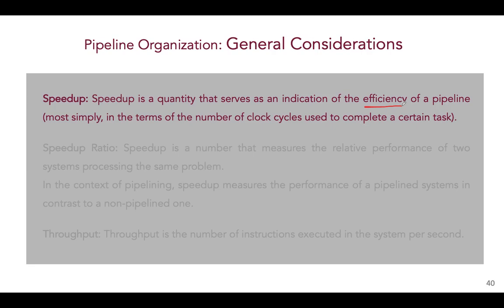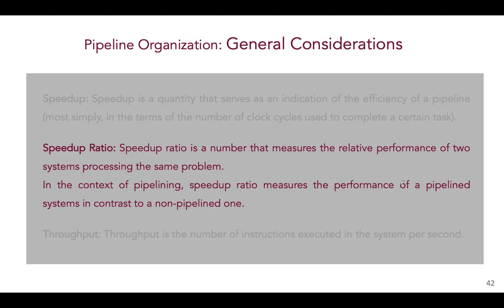But when we're talking about speed up in the context of pipelining, the idea is to measure the number of clock cycles required to complete a certain task so that we can compare how much time is taken to complete that task in a pipeline system versus how much time it took to complete the same task in a non-pipeline system. That would give you some idea of whether or not pipelining has actually given you some advantage.